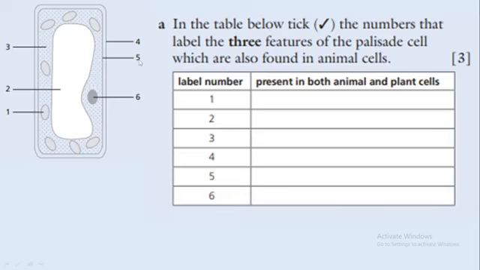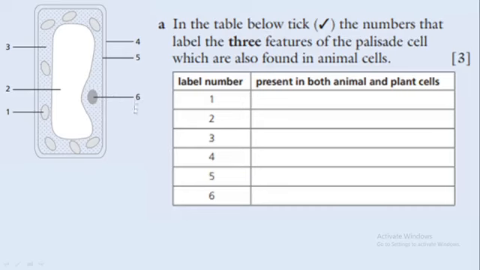I'm sure you are getting these answers. 3 is present both in plant cell and animal cell because this is the cytoplasm. Also 5 is present both in the plant cell and an animal cell because 5 is the cell membrane. Then 6 is the nucleus, which is present both in an animal cell and a palisade cell or plant cell.